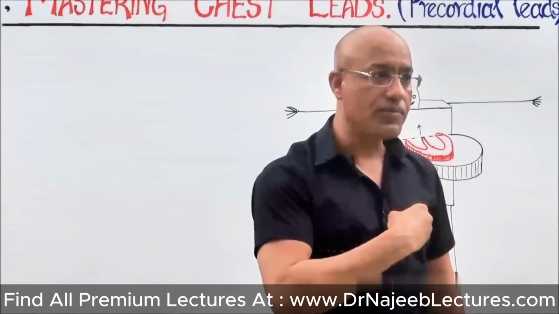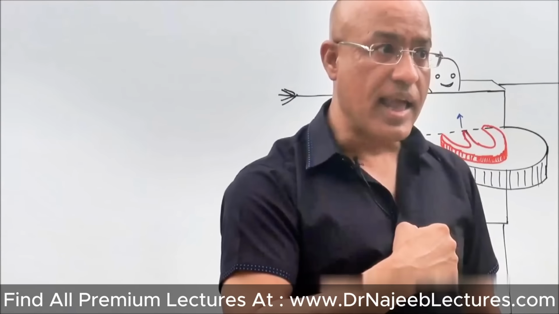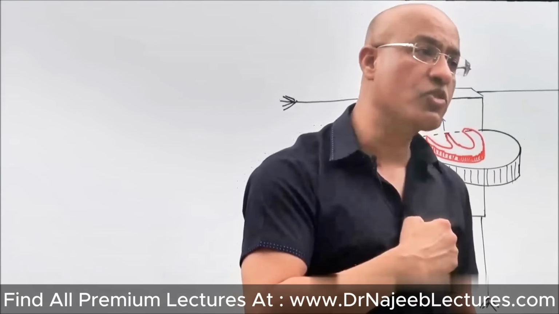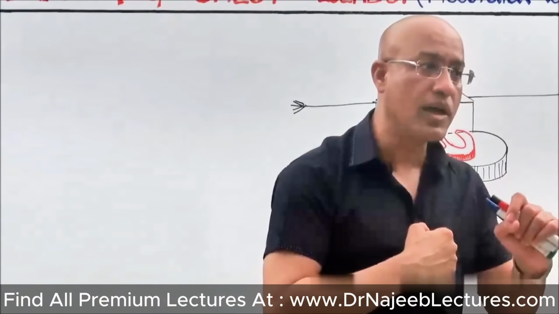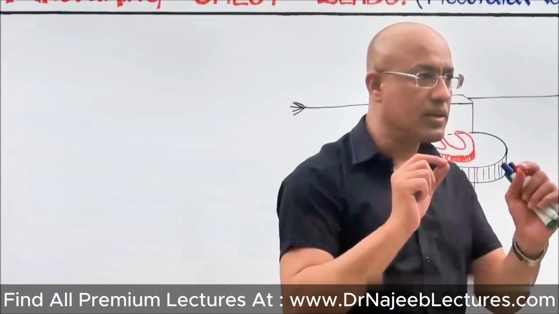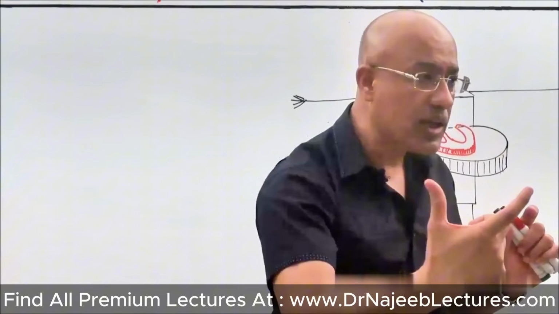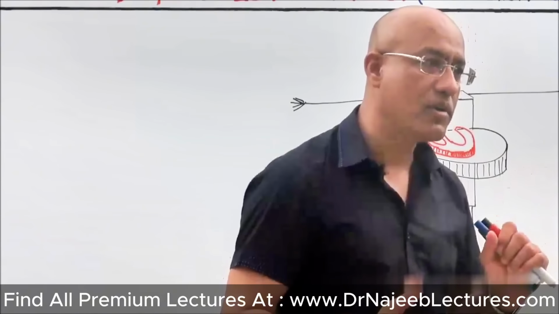This is determined at the placement of the exploring electrode in reference to the indifferent electrode. Now I need to make clear your concepts between the exploring electrode and indifferent electrode.